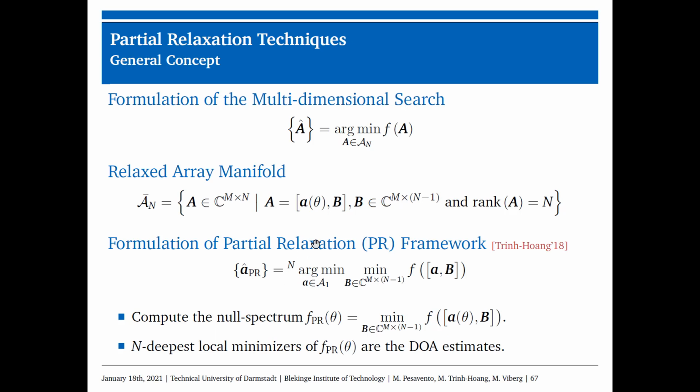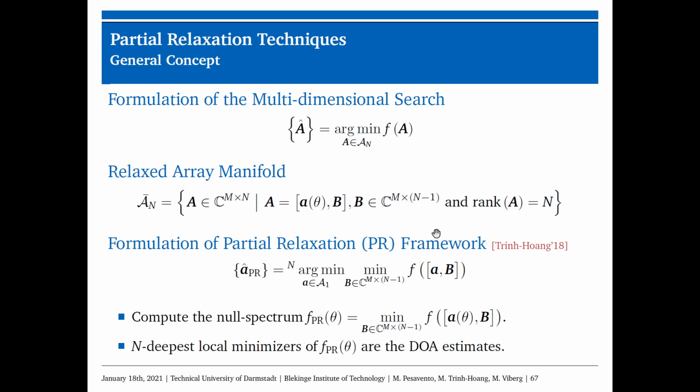In each candidate direction, we solve an optimization problem where we search for a relaxed part B of the steering matrix that minimizes the cost function f. Due to this relaxation, the optimization problem is generally easier to solve, and we can obtain a closed form expression for the minimizer of B in some cases.